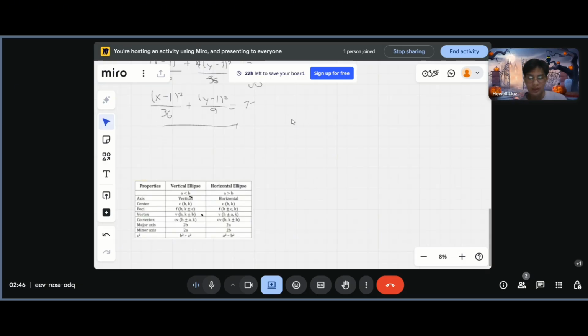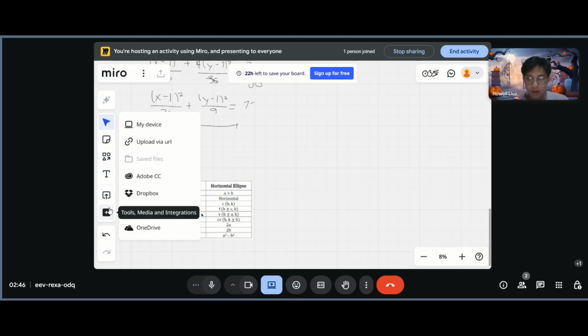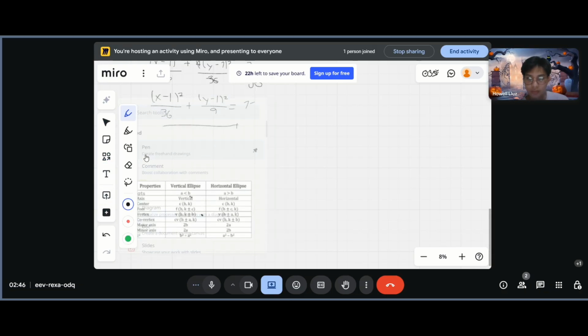So next is to solve for the properties of this. As we all know, this is horizontal. Yes, it's horizontal.